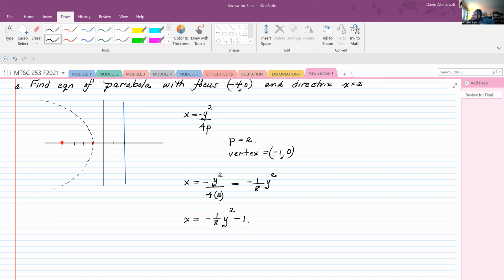And how did you get the vertex? Because the vertex is halfway between the focus and the directrix. So if the directrix is x is equal to 2 and the focus is -4, it's 3, 3. Oh, okay, I understand now. Thank you.